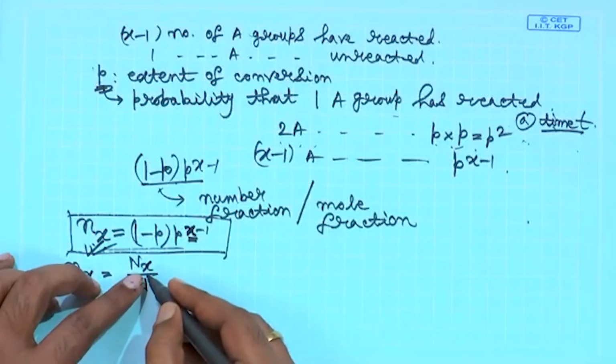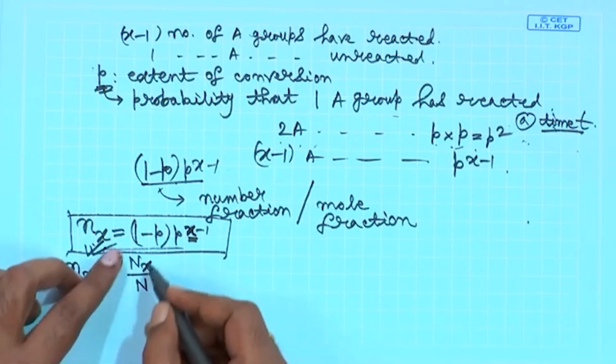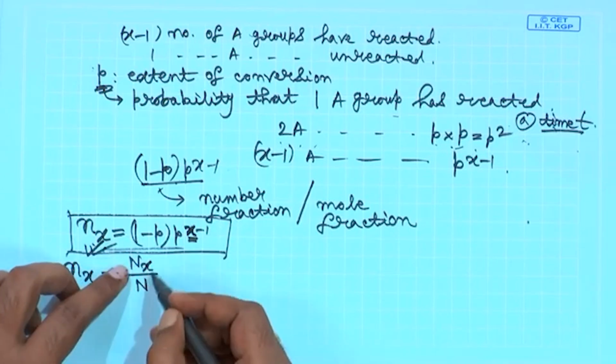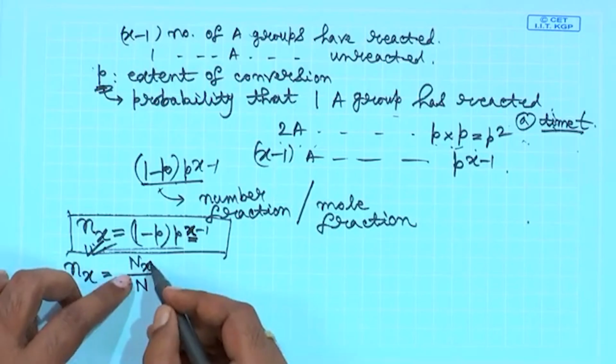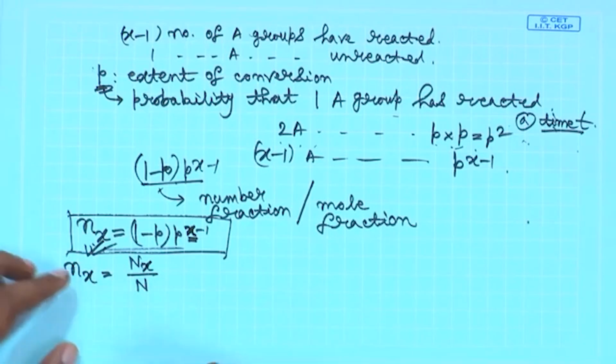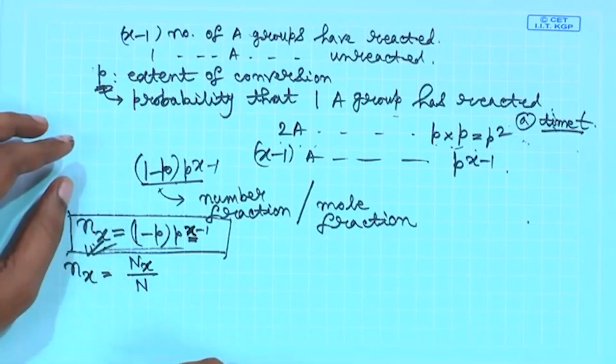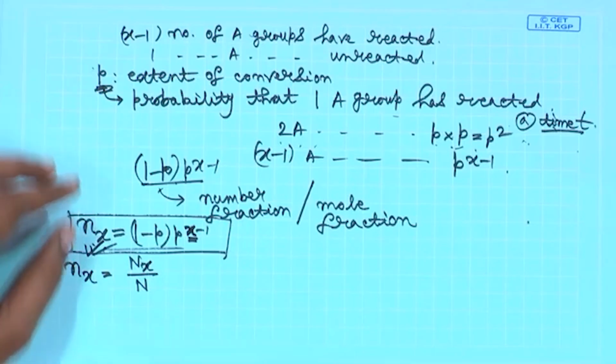Capital N_x, because x is a subscript, tells you that this is the number of polymer molecules which have x number of structural units. So, this ratio will give you the mole fraction of polymer molecules or the number fraction of polymer molecules with x number of structural units.